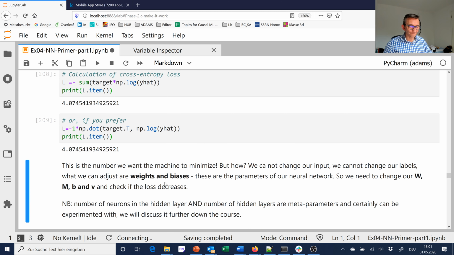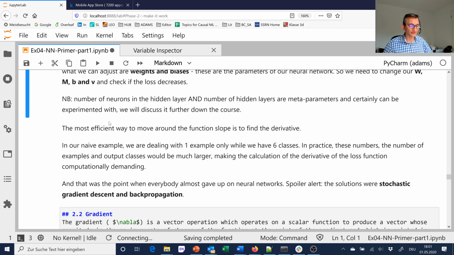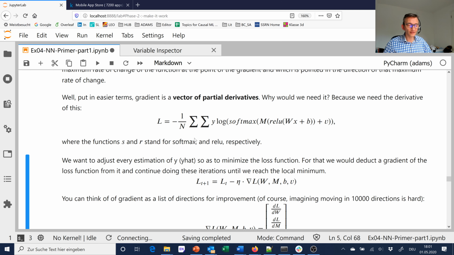Okay, and this loss we can minimize, of course, only by adjusting our weights and biases, because these are the only parameters in the neural network. And you will remember that we do that by gradient descent, meaning that if this is our neural network, that's the cross entropy loss, right?